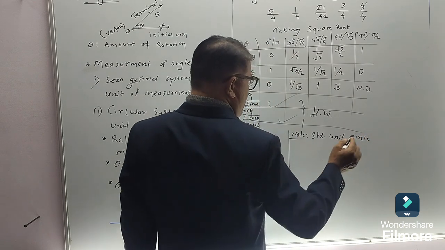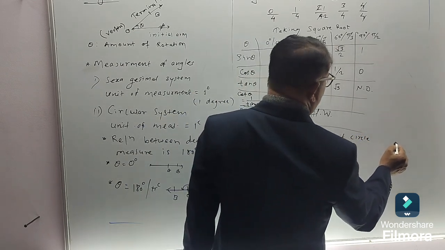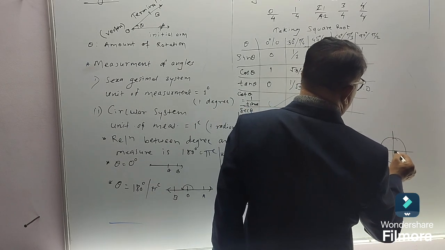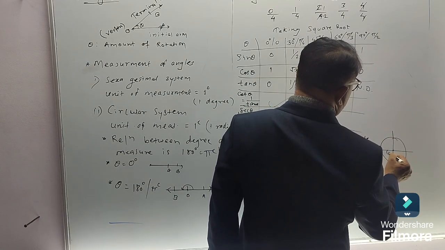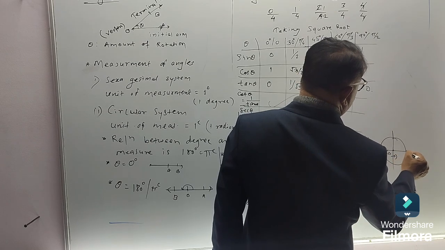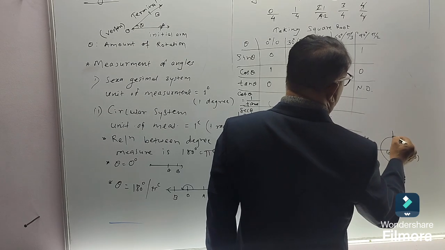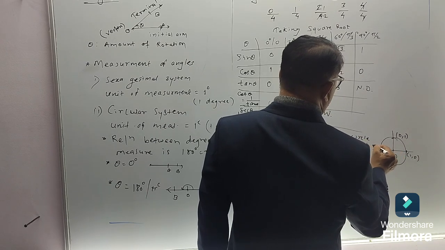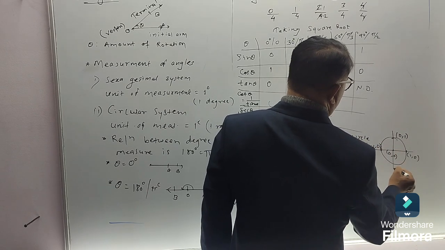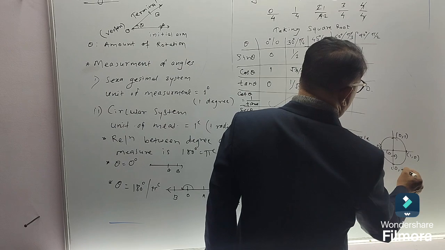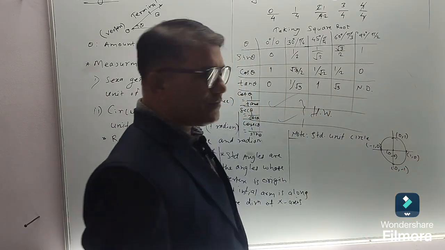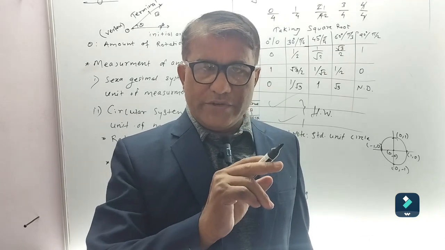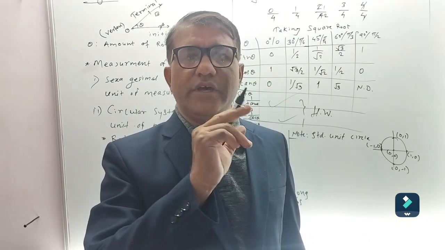In a standard unit circle, the center is at the origin and the radius is 1 unit. Therefore, this is 0, 1, this is minus 1 comma 0, and this one is 0 comma minus 1, because it is a standard unit circle.